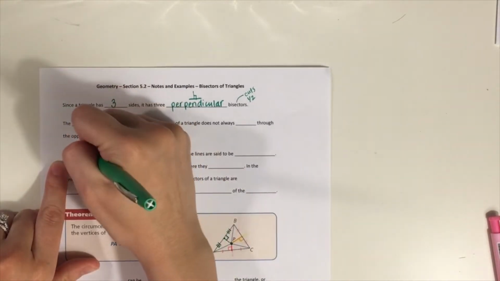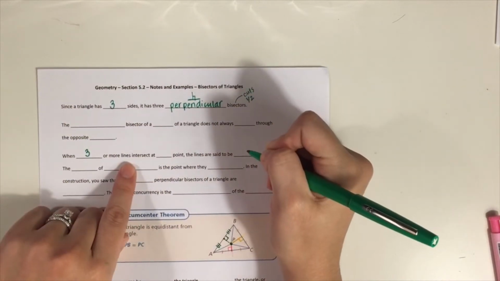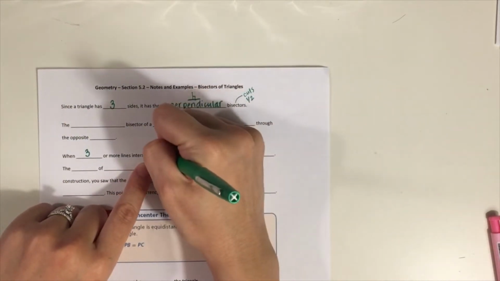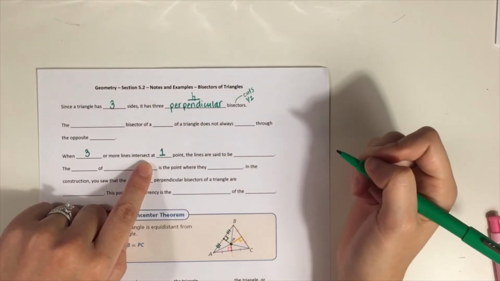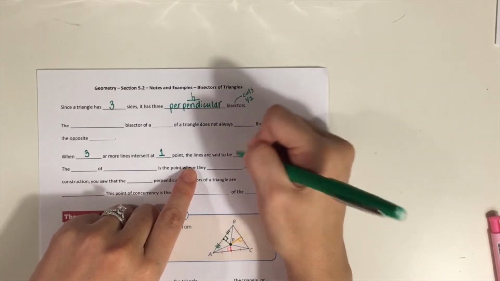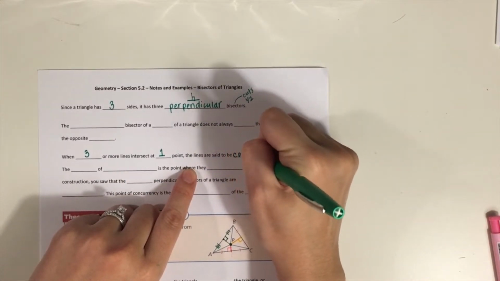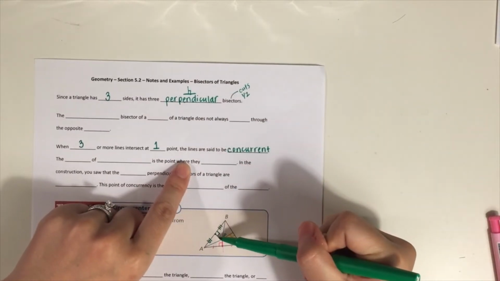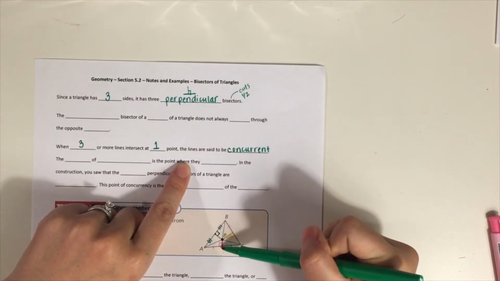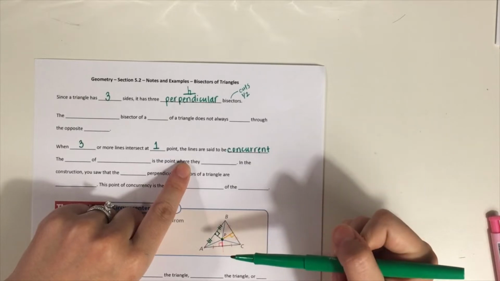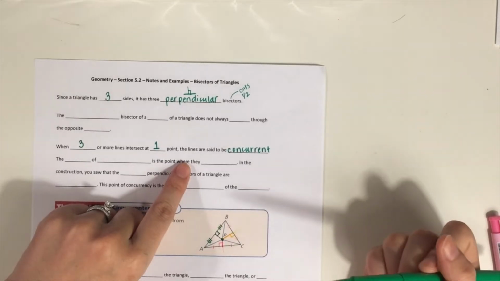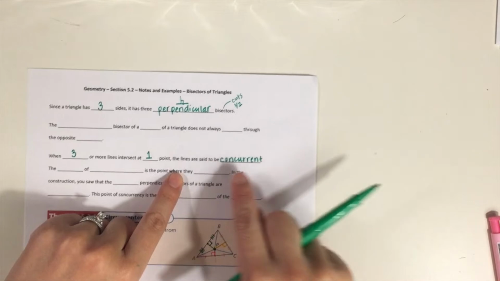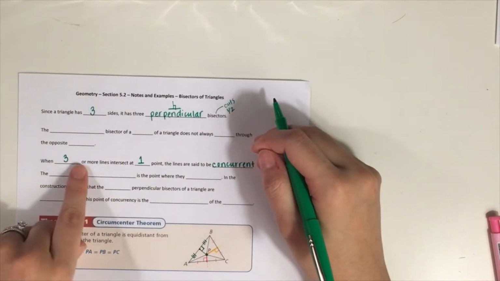When three or more lines intersect at exactly one point, these lines are said to be concurrent. So in this case, this green line, this yellow line, and this pink line are all concurrent because they met up at one place.